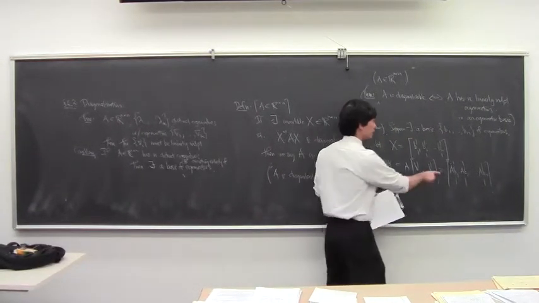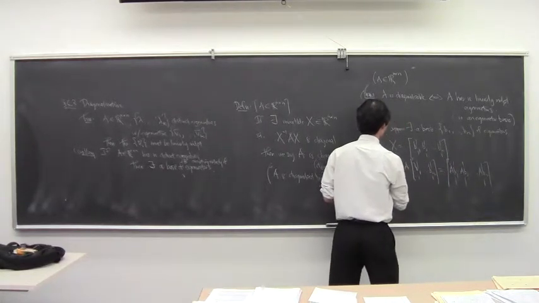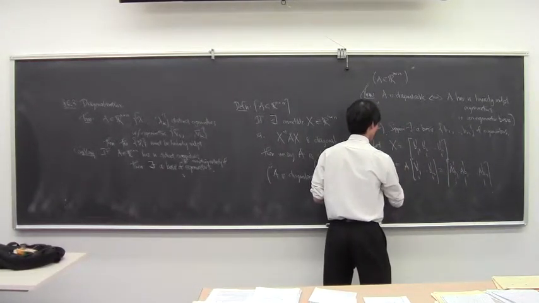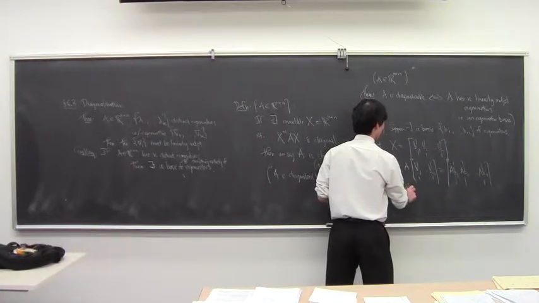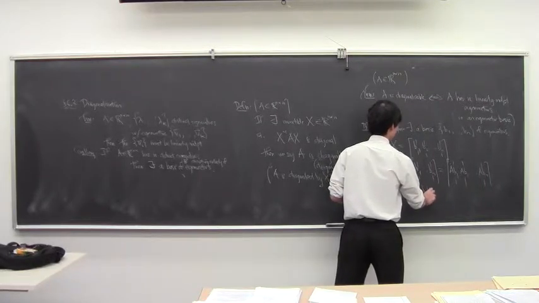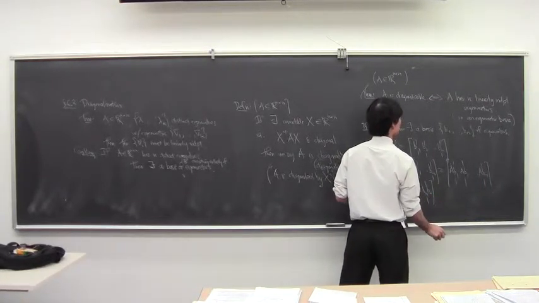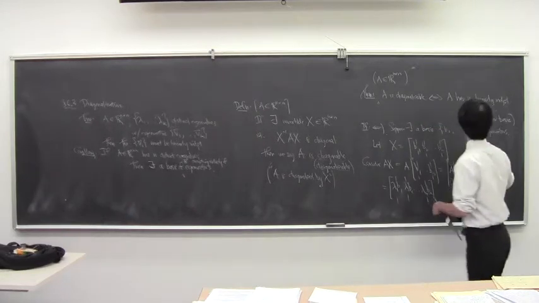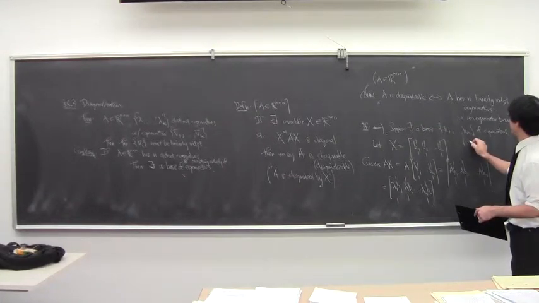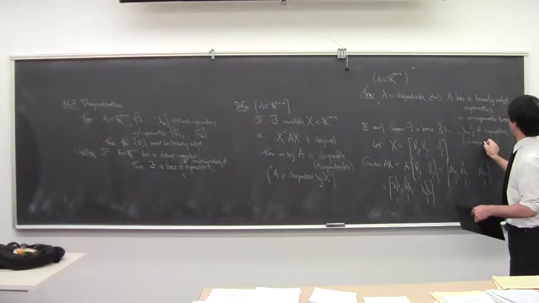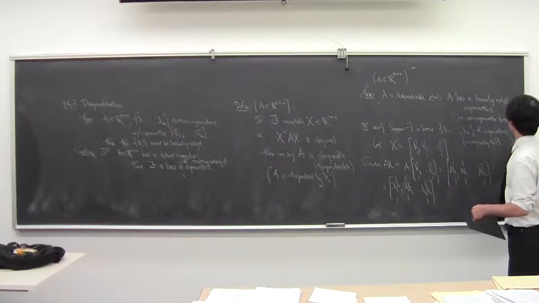But each of these guys are eigenvectors, so that's just the same thing as lambda 1 B1 and so on, where the eigenvectors correspond to lambda 1 through lambda n, respectively.